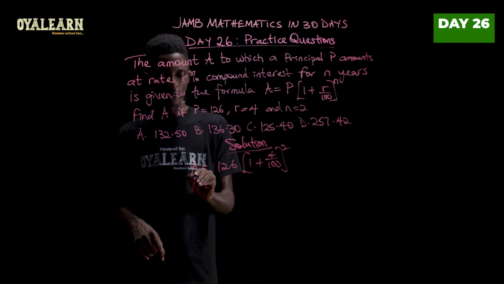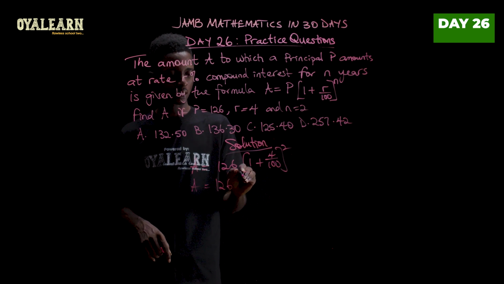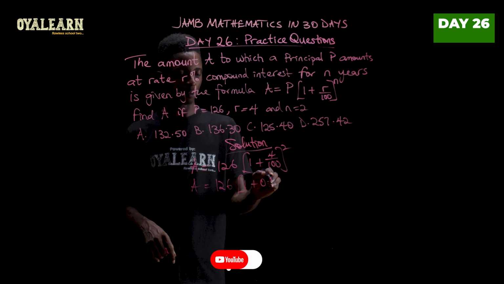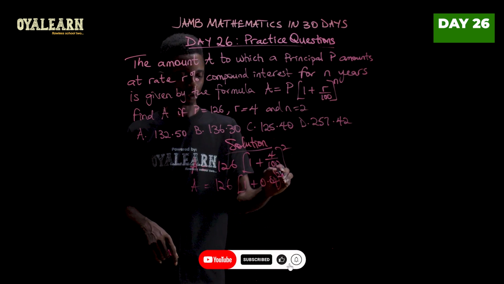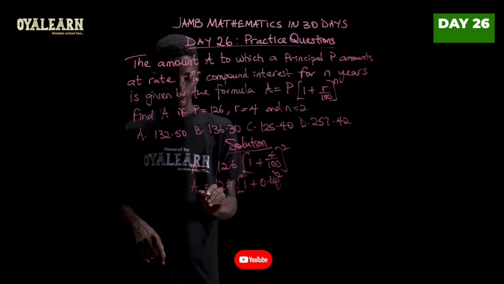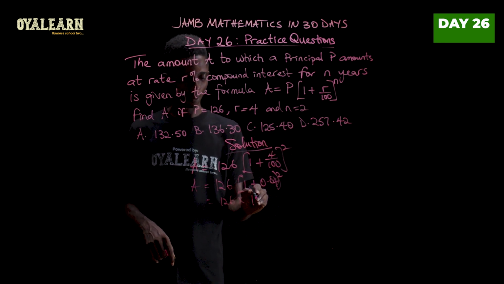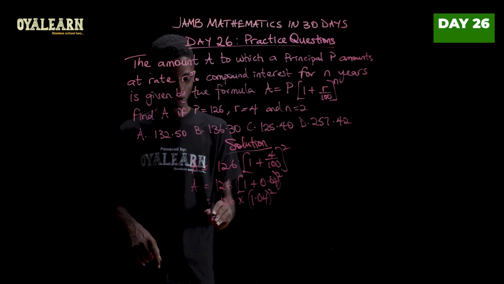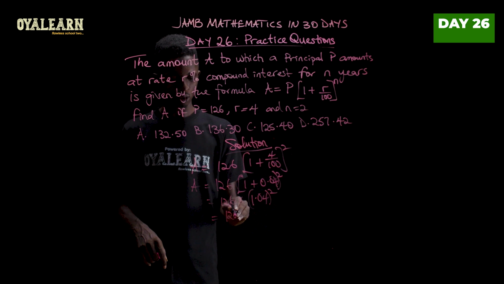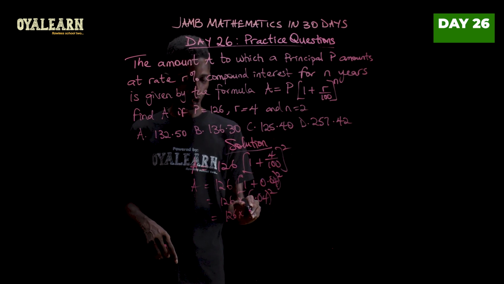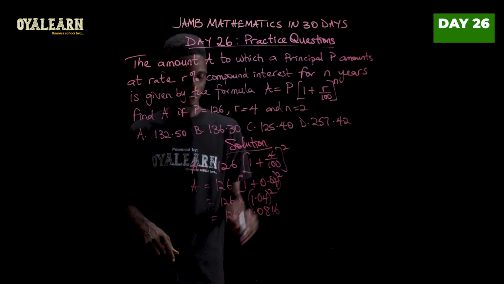So what we have here is 126 into 1 plus 4 over 100, which is 0.04, so squared. Now this will give us 126 multiplied by 1.04 squared. Now you can square this using your calculator. So 1.04 squared will give us 1.0816.